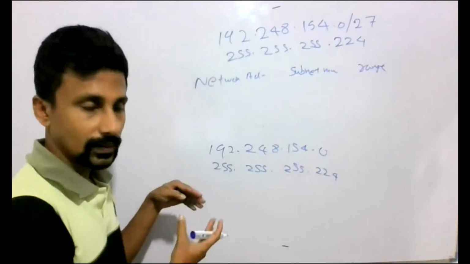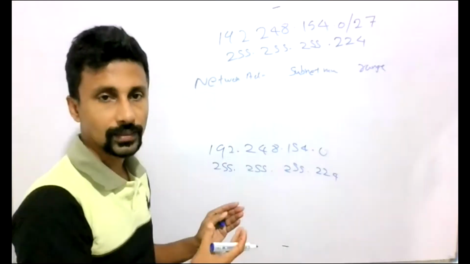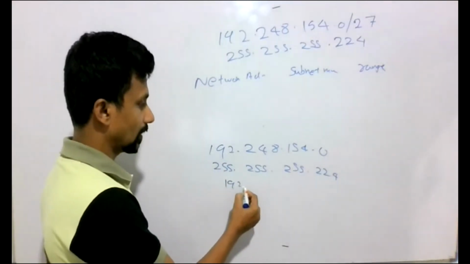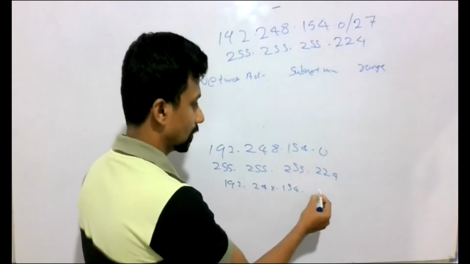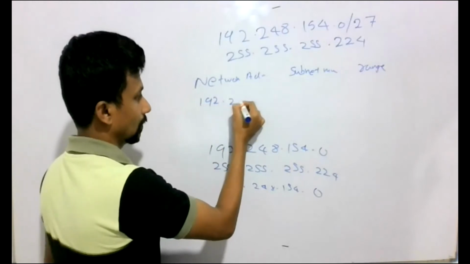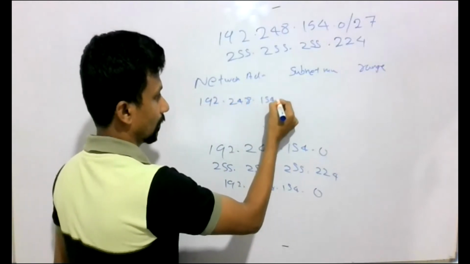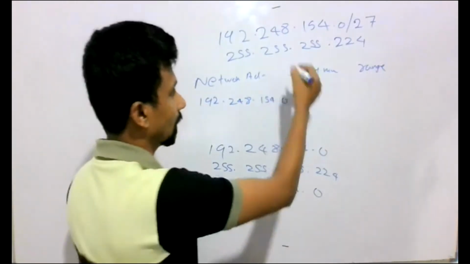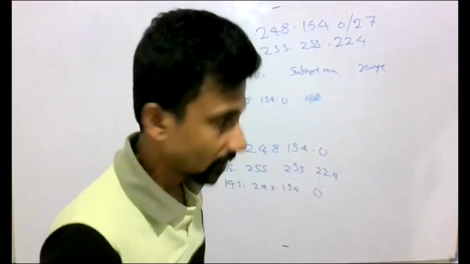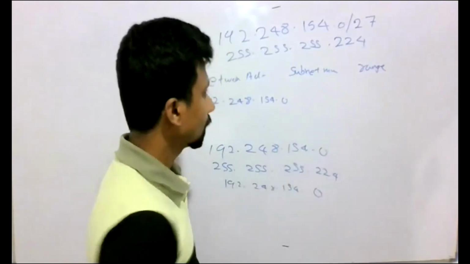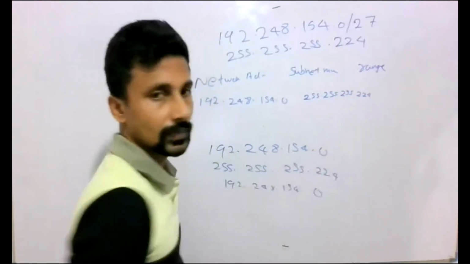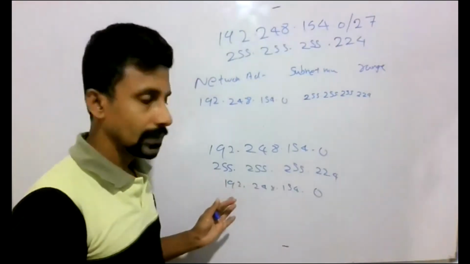When you connect these two with the AND gate, you get the network address, which is 192.248.154.0. So I am writing the first network address here as 192.248.154.0, and the mask is 255.255.255.224 according to this question.